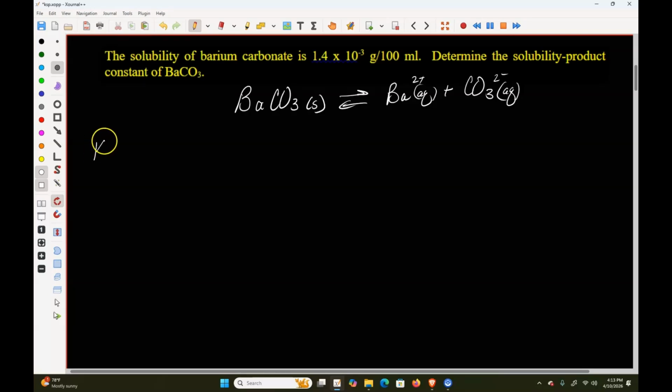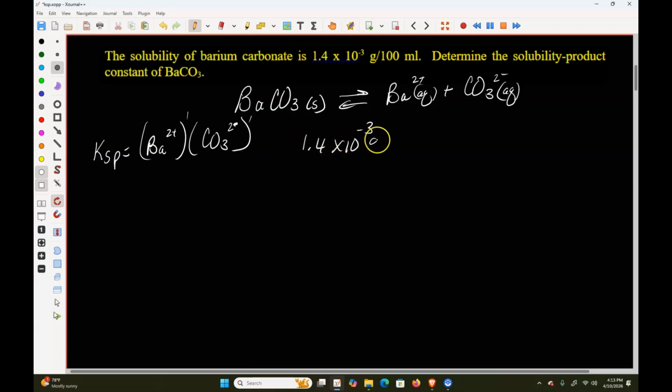So we know that Ksp is going to equal the concentration of barium times carbonate, both of those raised to the first power. Okay, so we have 1.4 times 10 to the negative 3 grams per 100 milliliters.